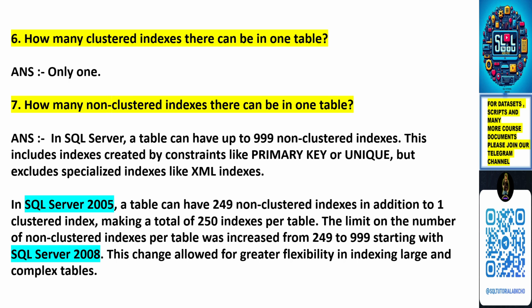Before SQL Server 2008, only 249 non-clustered indexes were allowed, but after this 999 are allowed. And why? These changes allowed greater flexibility in indexing large and complex tables. Okay, so this is clear. If someone asks you from when we have 999 non-clustered indexes, you can answer: from SQL Server 2008 we are using 999 non-clustered indexes on a table. Okay, now move on to the next question.